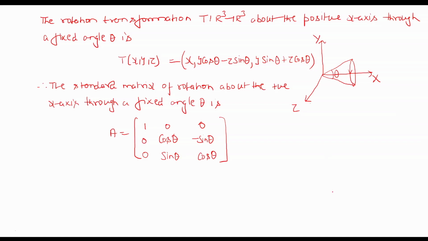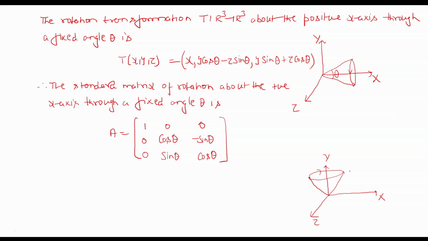Now if you rotate a vector about the y-axis, this is the x, this is the y, and this is the z. This is your vector. If you rotate about the y-axis, you will get this vector here after these rotations in the anti-clockwise direction.